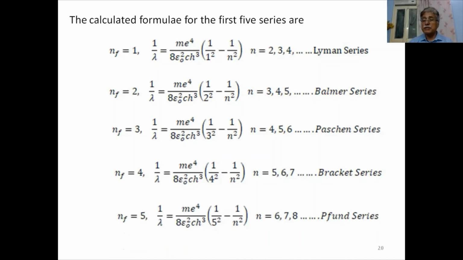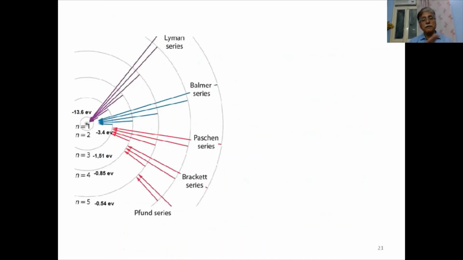If you want to see it in terms of the energy levels, we have those energy levels shown over here in different orbits. We can see from here all the electrons jumping onto the first level, shown by this violet one, and that is the Lyman series, then the Balmer series, Paschen series, Brackett series, and Pfund series.